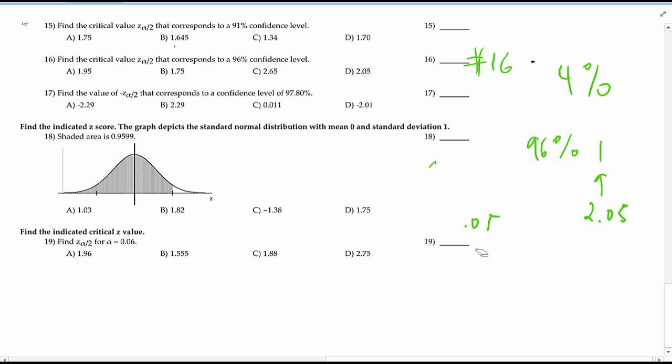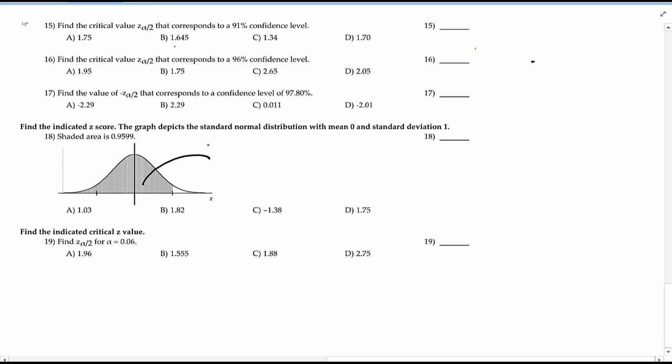So let's look at problem 17. Well, I think we already did that, so I'm going to go to 18. Problem 18, what I'm being told is that this area is basically 96%. What is that value? Well, I'm going to go to the positive table and read in the area section to get the value. So the closest that I can get to 0.9599, 95.99.